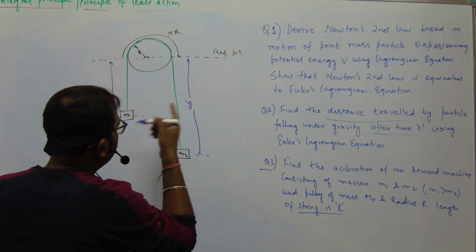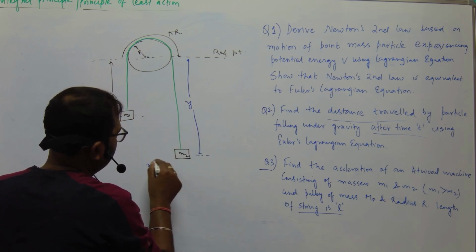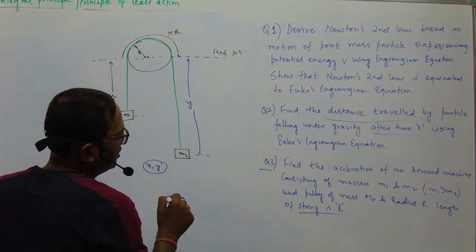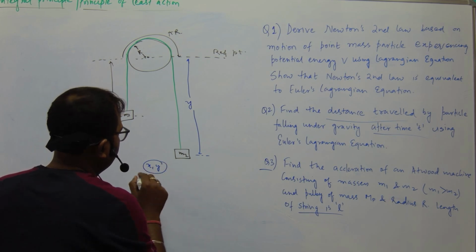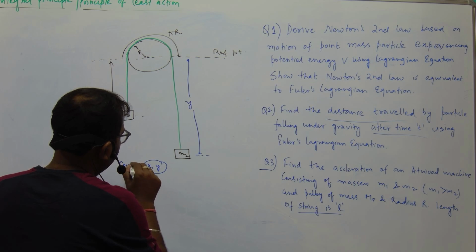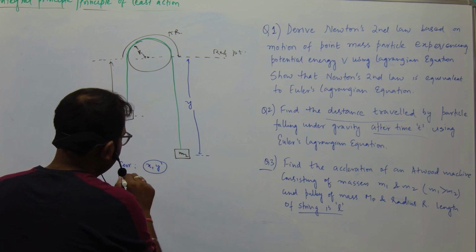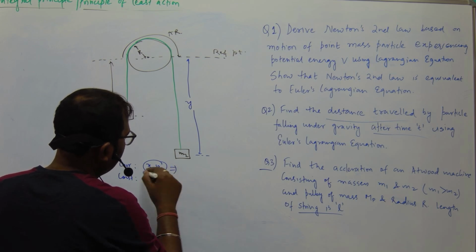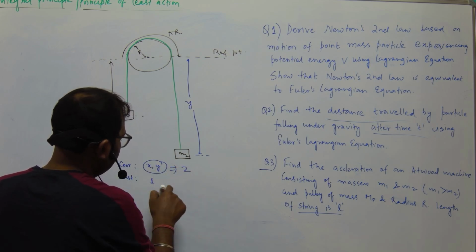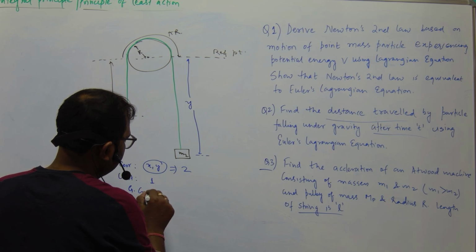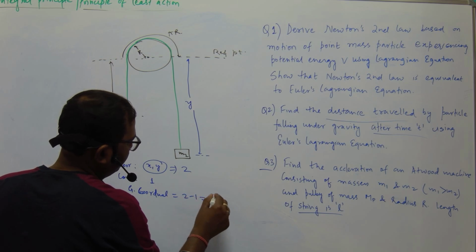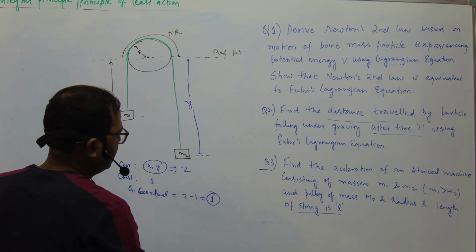We have the coordinates x and y, which are the variables, and we have one constraint, that the length of the string is constant. The number of coordinates is 2 and the constraint is 1, so the generalized coordinates are 2 minus 1 is equal to 1. That one generalized coordinate is x.